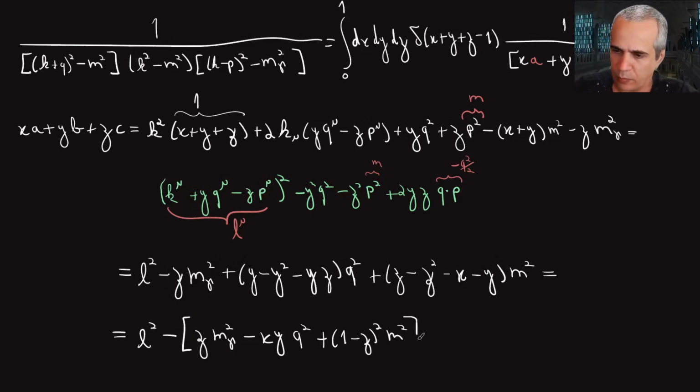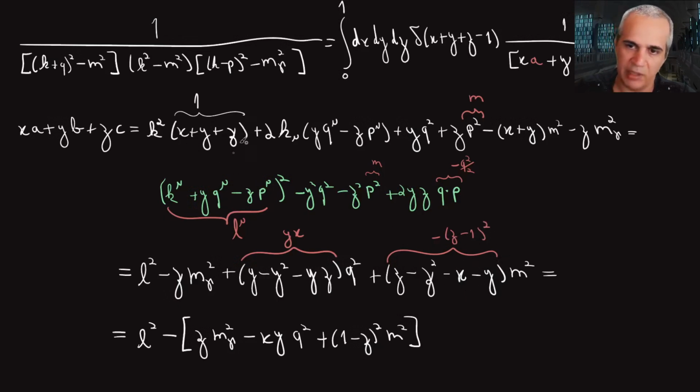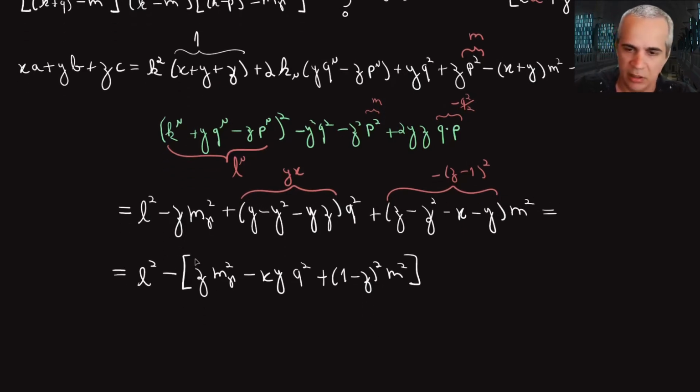In order to get to that, I used that this guy here is just y x, right? And this guy is just minus z minus 1 square. All you have to do is substitute one of these variables by 1 minus the other two, and you can get to those expressions.